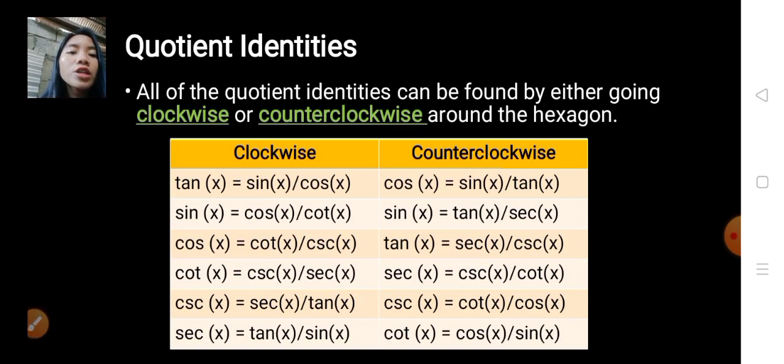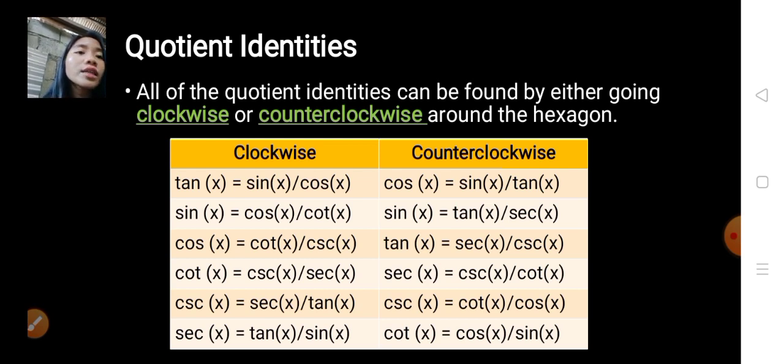We have cos x is equal to cotangent x over cosecant x. Then cotangent x is equal to cosecant x over secant x. Then cosecant x is equal to secant x over tangent x. Then secant x is equal to tangent x over sine x.